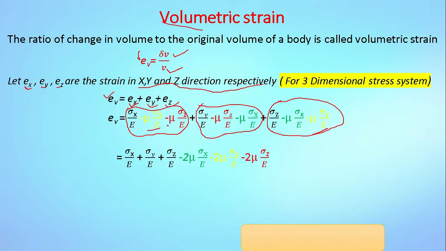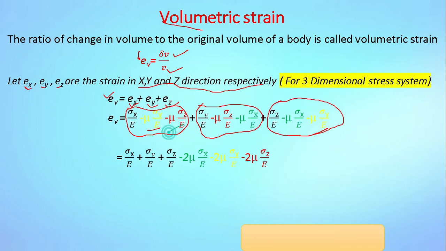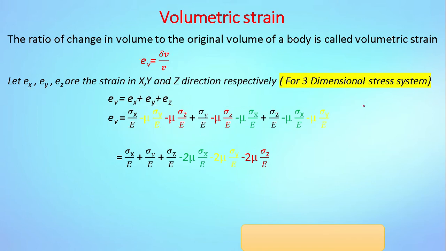Similarly, in this red, mu sigma z divided by E and mu sigma z divided by E. These two are common. Similarly, this in green color, minus mu sigma x divided by E and minus mu sigma x divided by E.